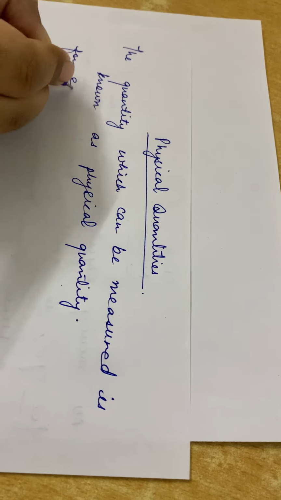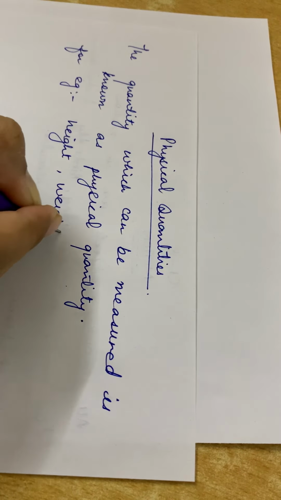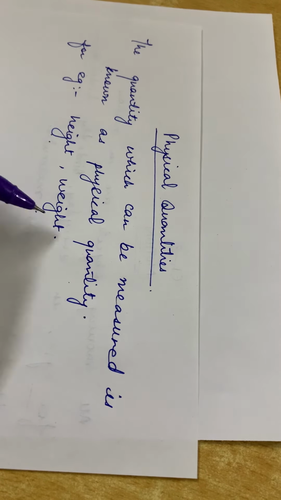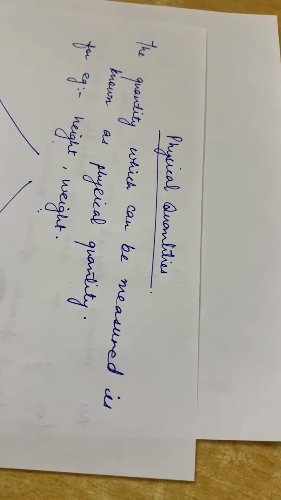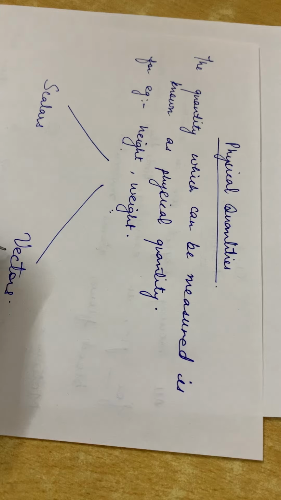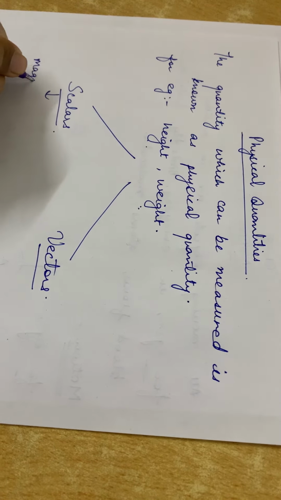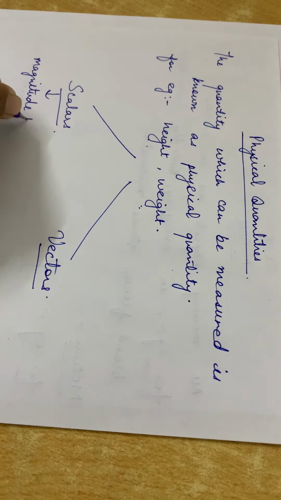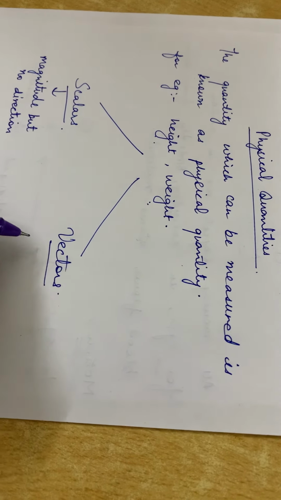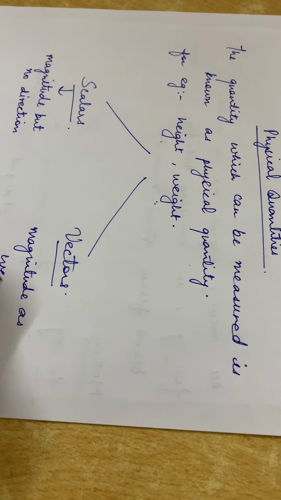The best example is your height and weight. You can measure your height as well as weight. So they are termed as physical quantities. They are of two types. The types are scalars and vectors. In scalars, it has only magnitude but no direction. In vectors, we have magnitude as well as direction.